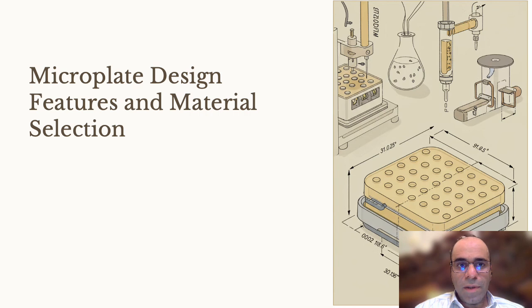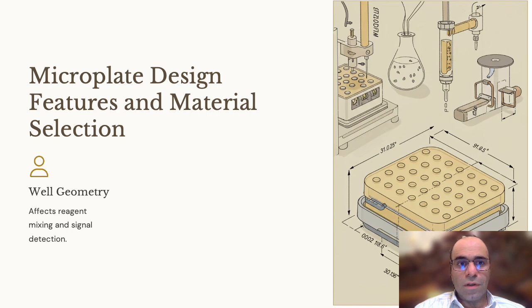Okay, let's see microplate design, features, and material selection. The physical and chemical properties of microplates directly impact assay performance, reproducibility, and sensitivity. Optimal design requires careful consideration of multiple factors. Here are the factors. Number one is well geometry, which affects reagent mixing and signal detection.